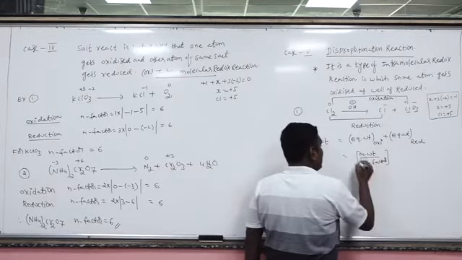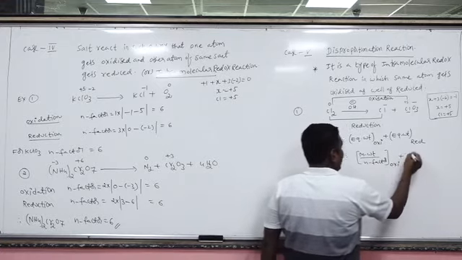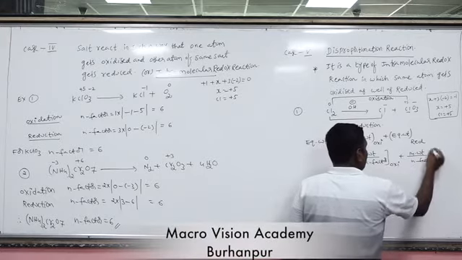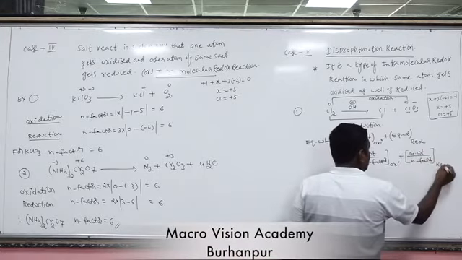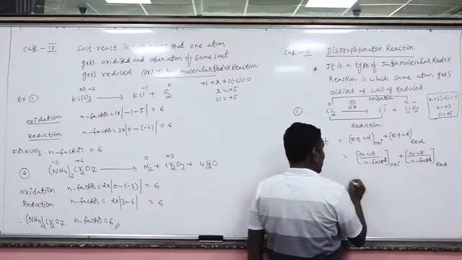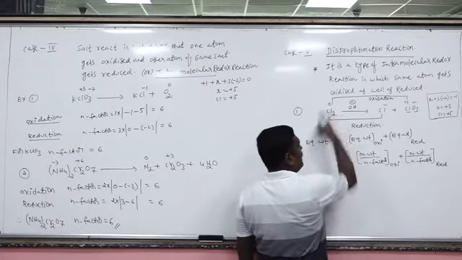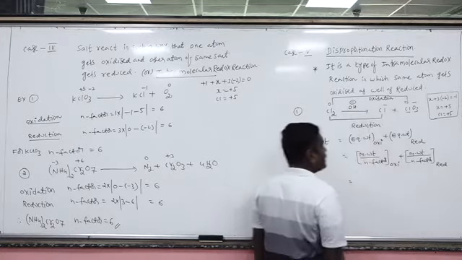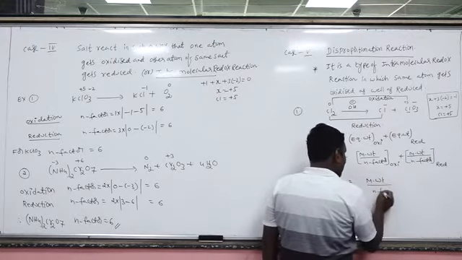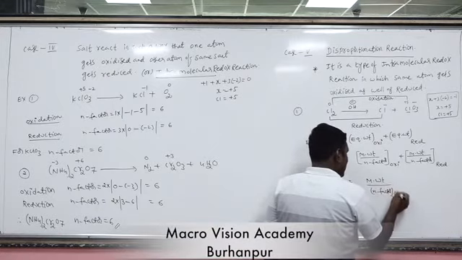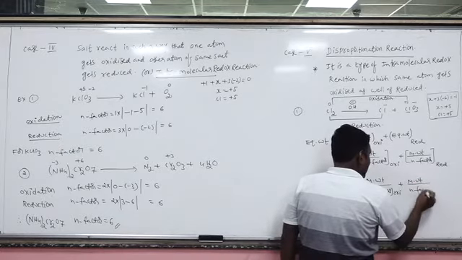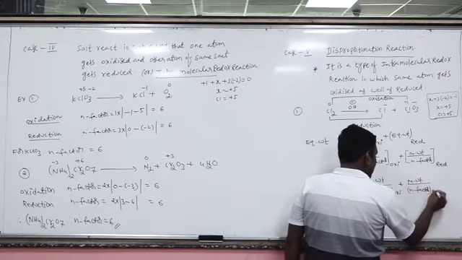This is corresponding to the oxidation process. Again, molecular weight by N factor, corresponding to the reduction process. Here the molecular weight will be the same, because the same substance gets oxidized as well as reduced. So I am writing molecular weight by N factor for oxidation plus molecular weight upon N factor for reduction.